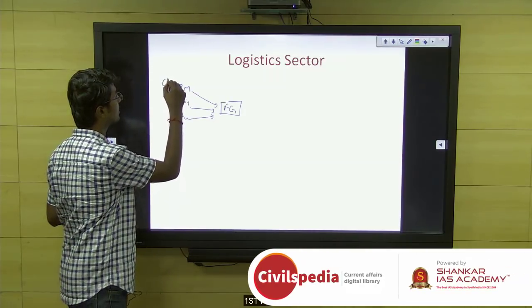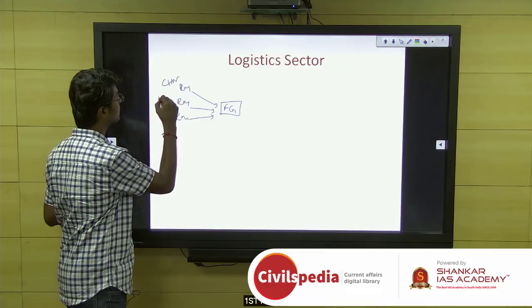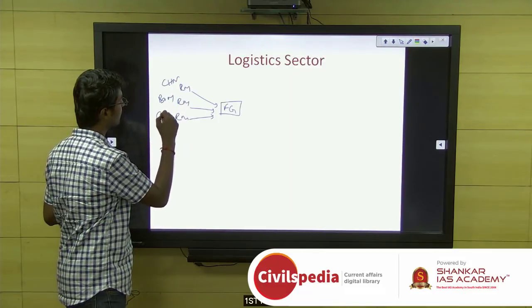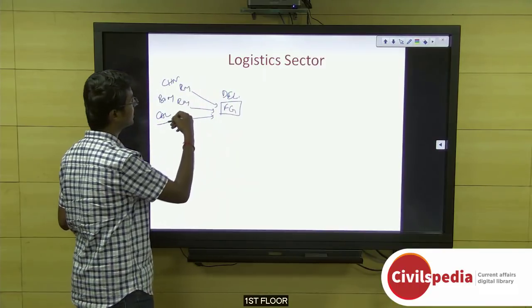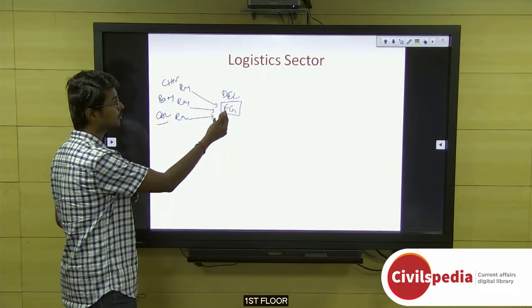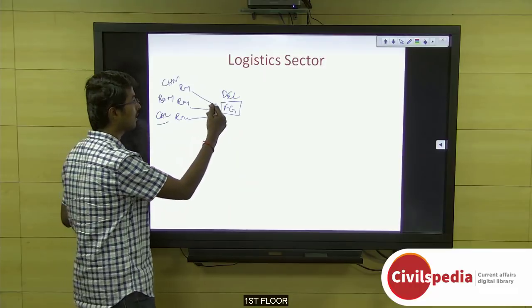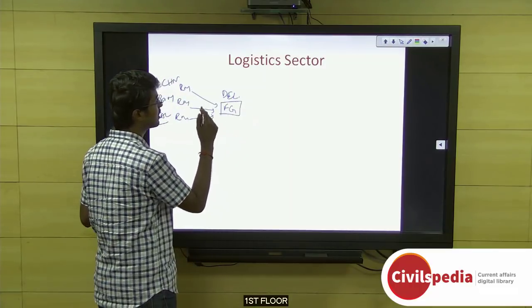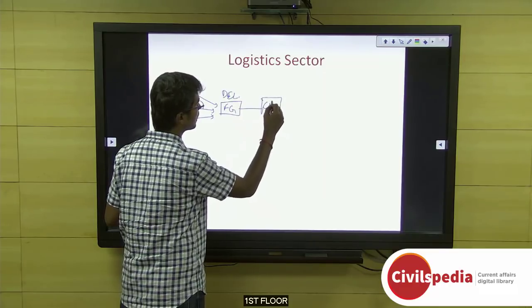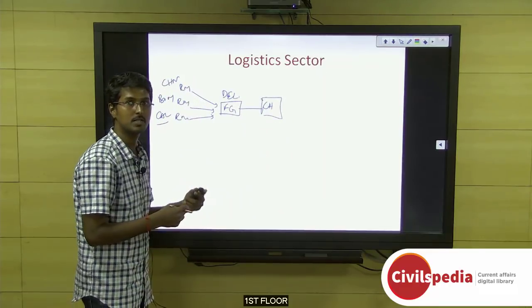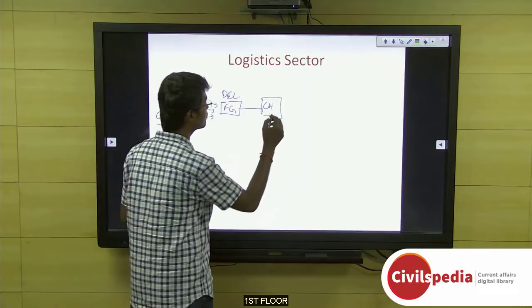Say different raw materials come from different sources. One comes from Chennai, another comes from Bombay, another comes from Calcutta. And say you have an industry at Delhi, so all these raw materials have to be transported to your production area located at Delhi. From Delhi, it has to go to a central warehouse, which can be region-wise, for example North region, South region, West, or the Eastern regions.